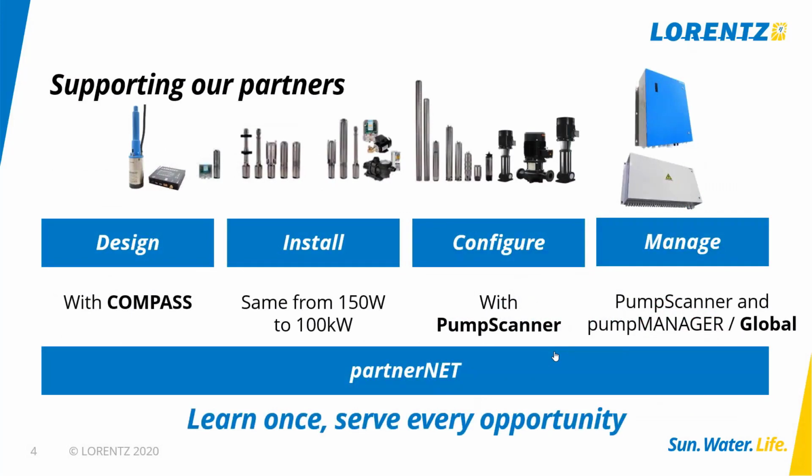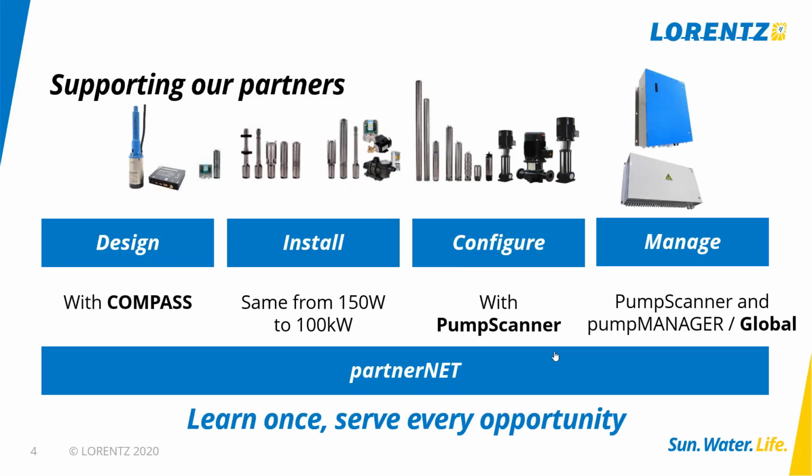The first thing to talk about is that Compass is for Lawrence partners. We have lots of different sets of partners. We have our traditional product resellers and distributors that are selling and servicing the products in the field. But we also have partners that are educational establishments, NGOs, and government bodies, who we also provide information to help them understand how solar pumping systems can be designed and how solar technology can help them.